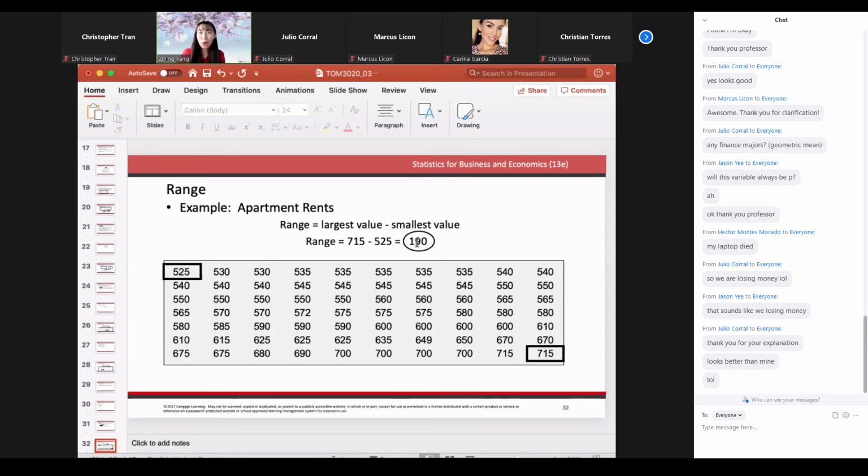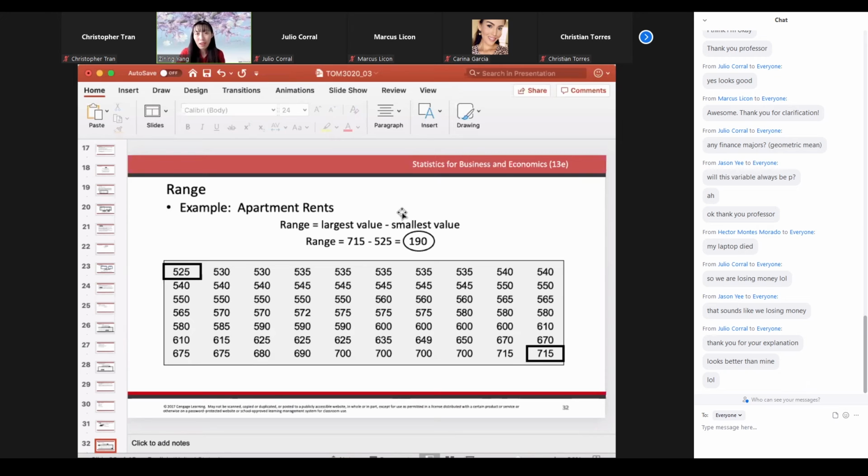Similarly, look at your neighborhood where everyone makes somewhere between 40,000 to 60,000. There's a difference of like 20,000 per year. But if you include a millionaire in that neighborhood, the range would be some crazy number.